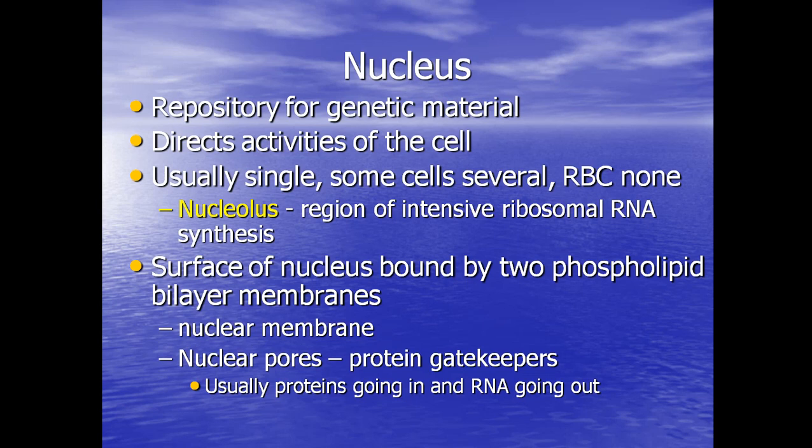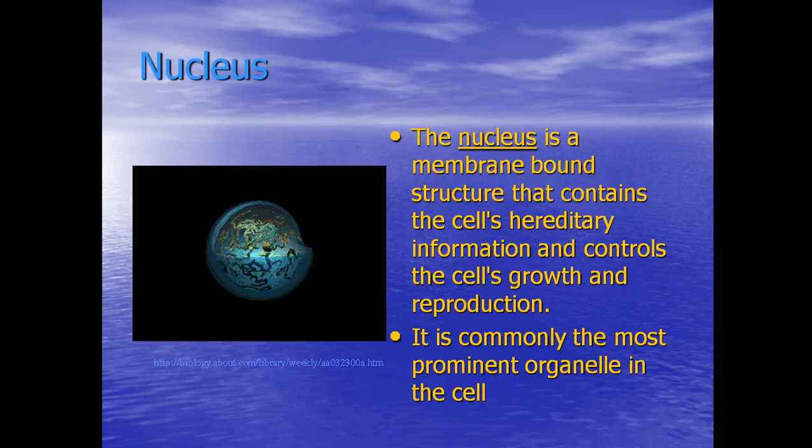There is a separate membrane for the nucleus which makes it distinct within the cytoplasm. So that means the nuclear envelope is the outer boundary for the nucleus. Then on the nuclear membrane you can see a number of pores. They are known as protein gatekeepers. About that also we will discuss later.